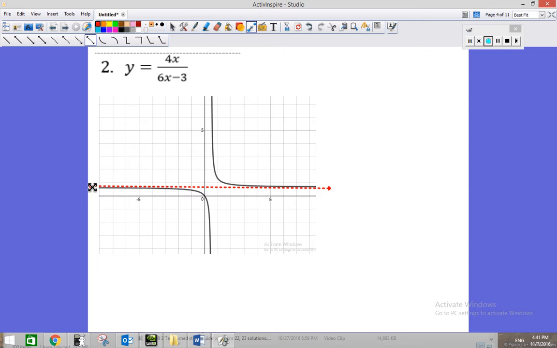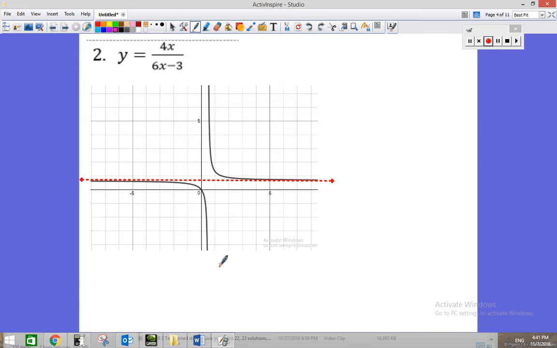This graph gets closer and closer to this dashed line, but never touches it. So from negative infinity to positive infinity, but then I exclude this one value. I need to figure out what that value is.